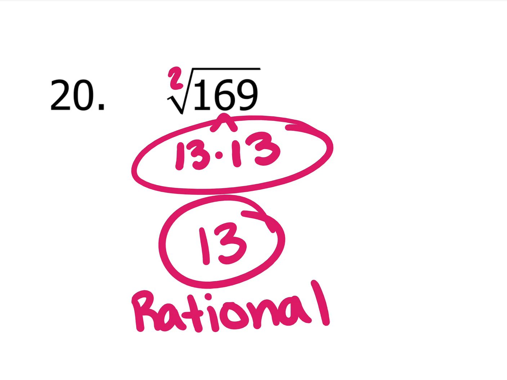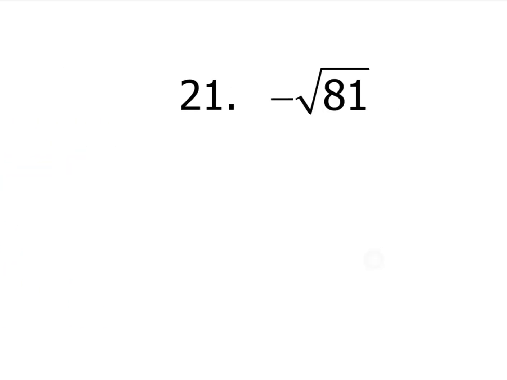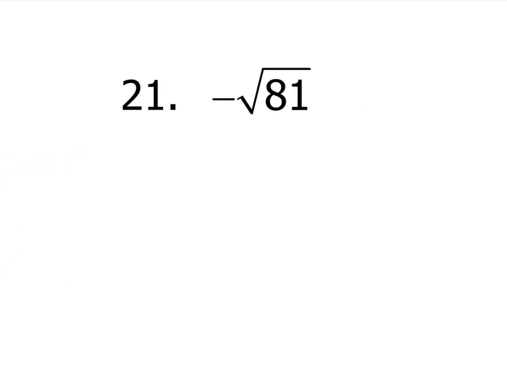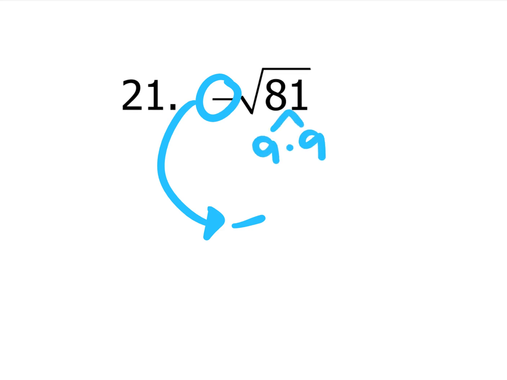So you're going to have 2 things on your answer. You're going to have the actual number and you're going to click that it is a rational number. Okay, 21. The negative sign's on the outside, so we're good. It just needs to go to the end. 81 breaks down to 9 times 9.